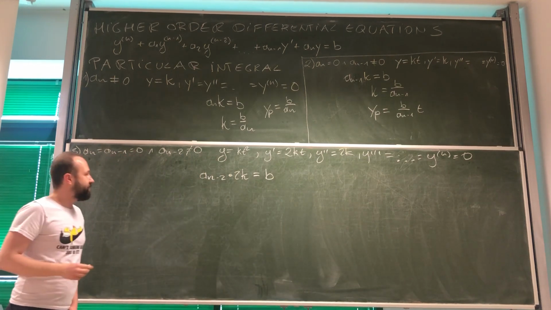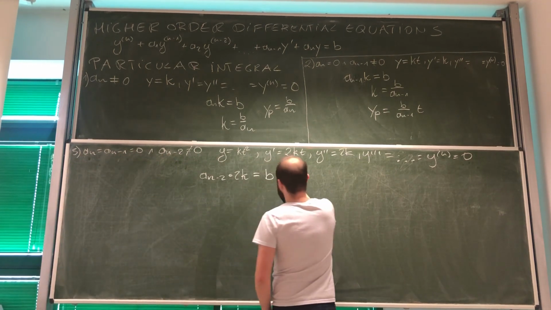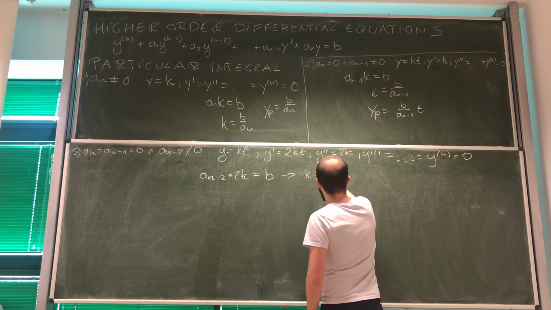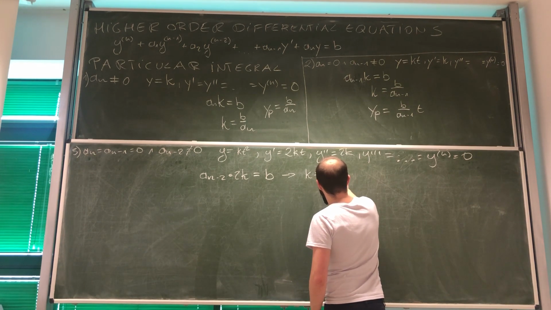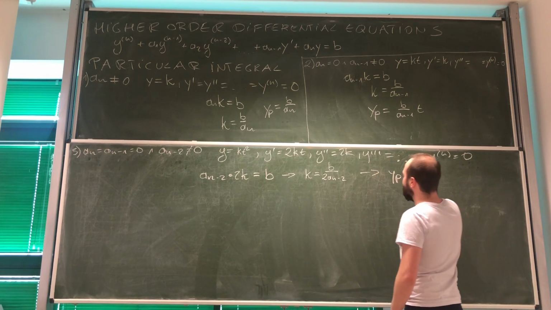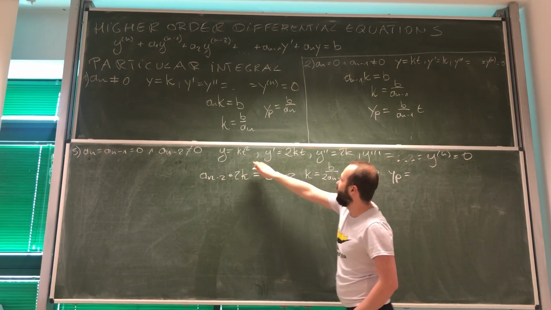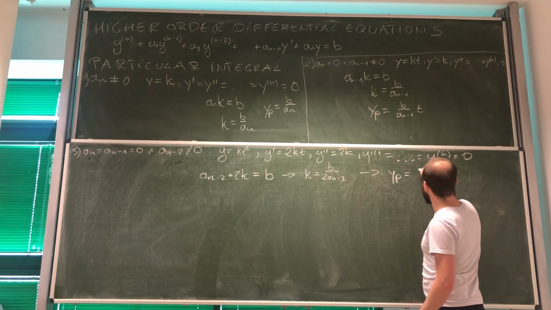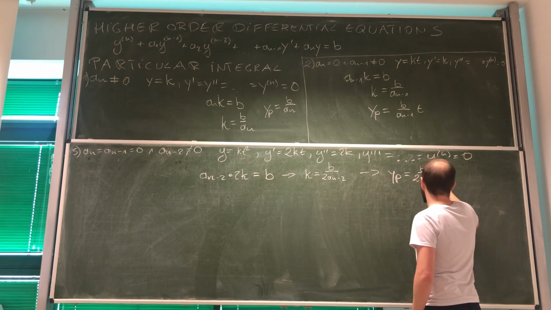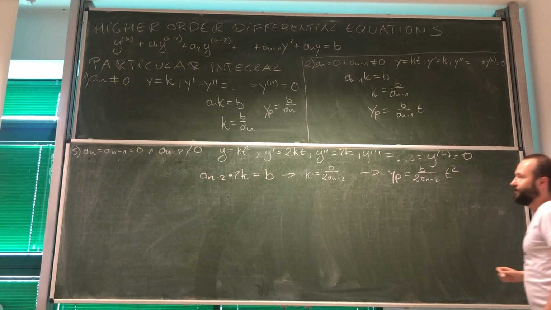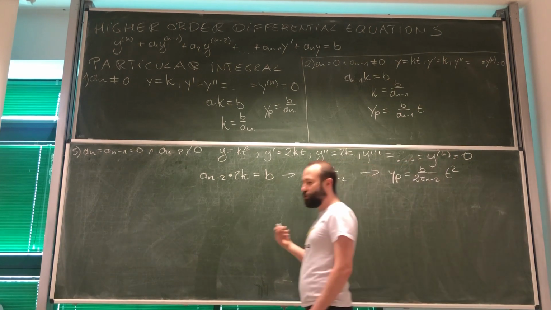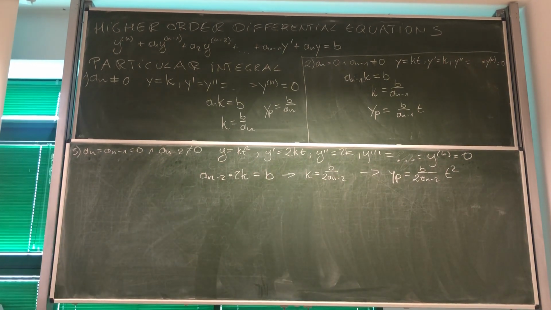Out of this, we calculate that k is equal to b over 2a_(n-2). This implies that the particular integral, if we substitute for k, is equal to b over 2a_(n-2) times t squared. I hope this gives you some sense of what we should do in each case.